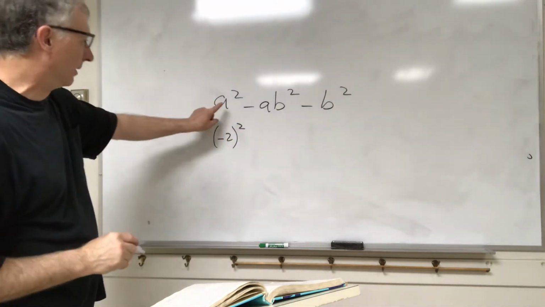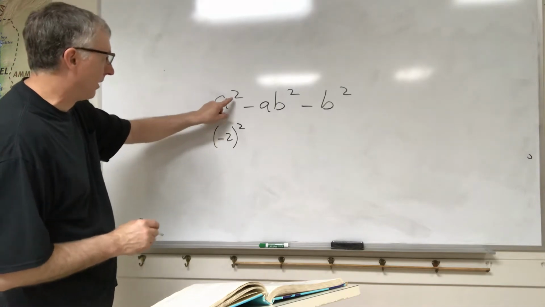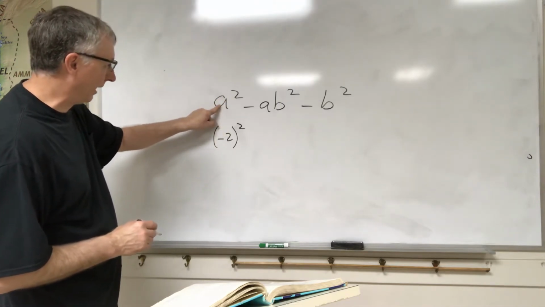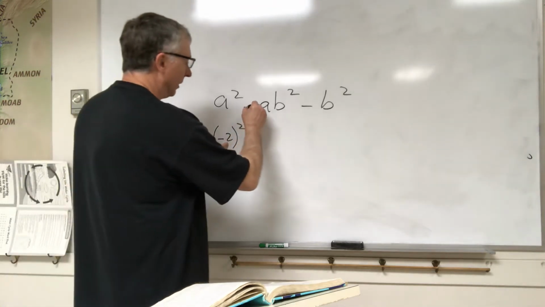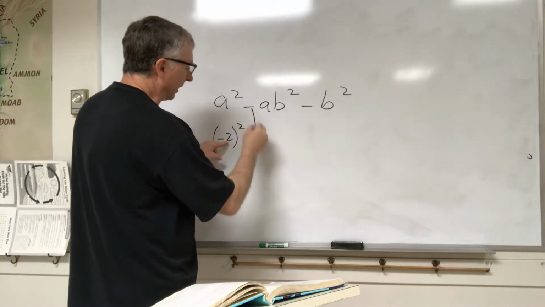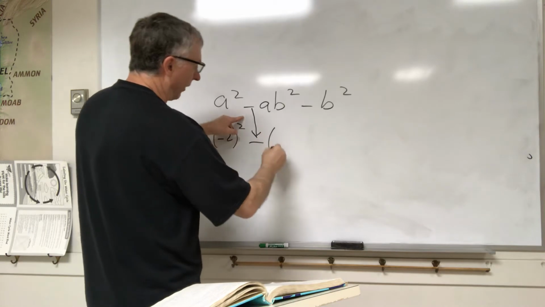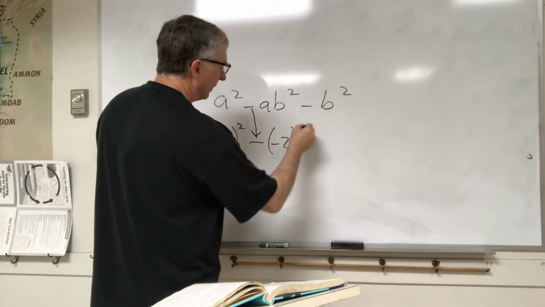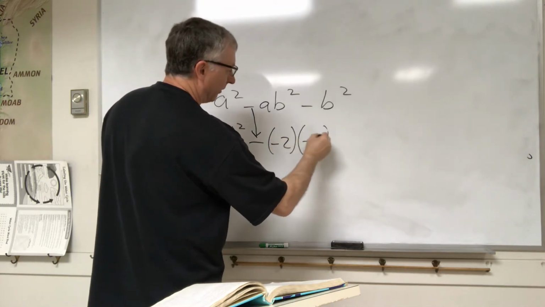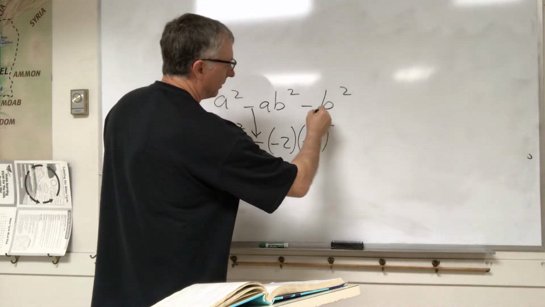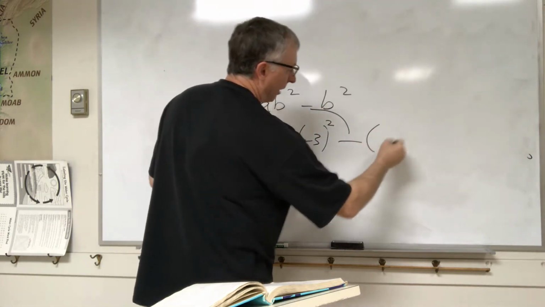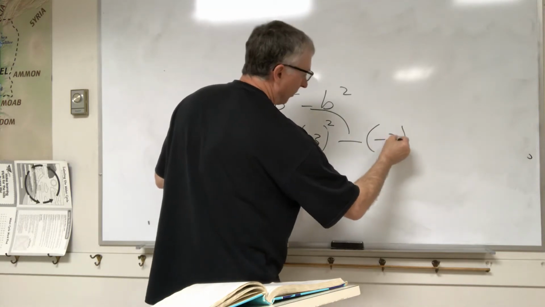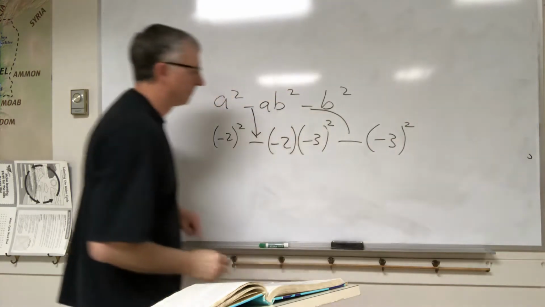Be careful about this because, again, I'm squaring a. And so if a is a negative 2, I have to write it inside parentheses. Let's bring this negative sign straight down, and then I have a negative 2. And here, again, I have this negative 3 squared. I bring this guy down like this, and then b is a negative 3 squared.